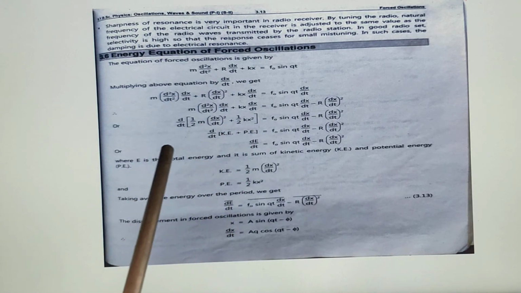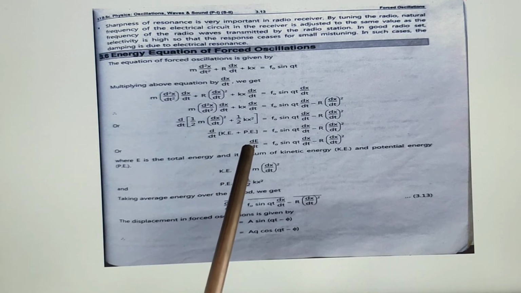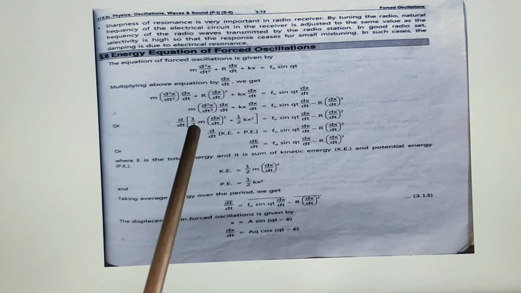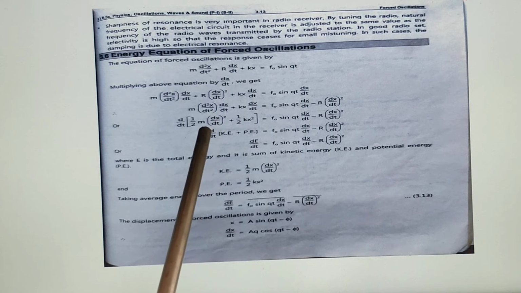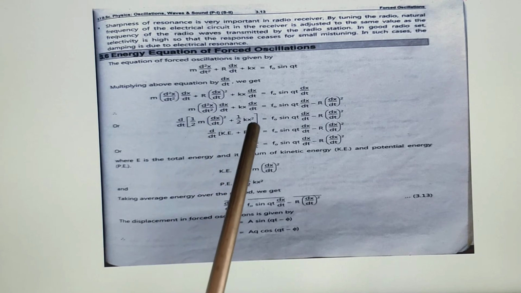Okay. So in the next step we write d by dt of kinetic energy plus potential energy. That means half m (dx by dt) bracket square is the kinetic energy, and half kx square is the potential energy.